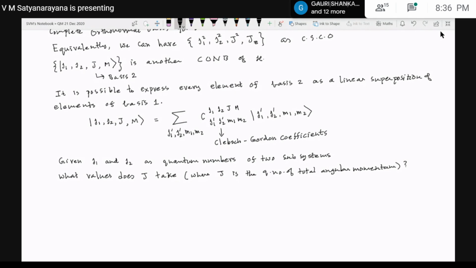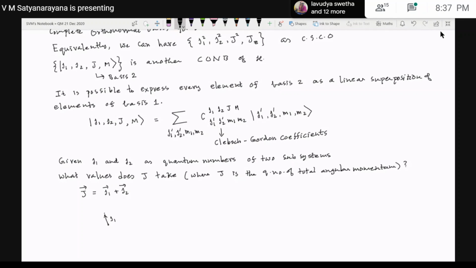This is a vector addition, as I have shown you. Since capital J is equal to J1 plus J2, imagine J1 and J2 are two vectors.